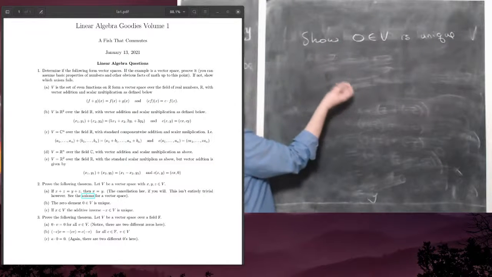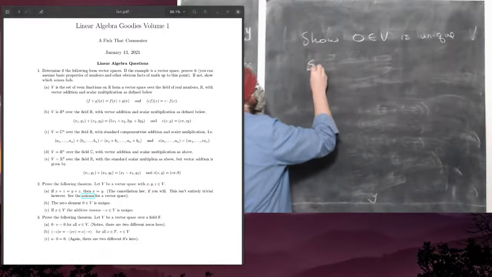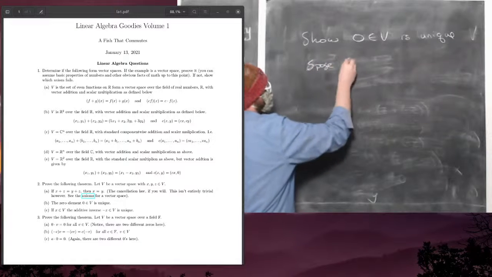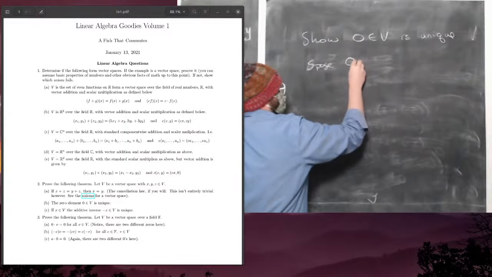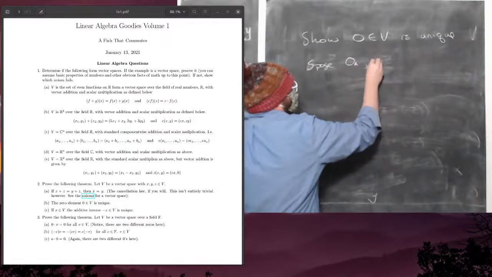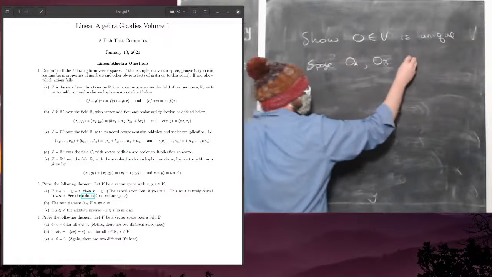Anyway, so let's show it's unique. So let's do a contradiction proof. Let's suppose not. Or no, rather, let's just suppose there are two. So let's suppose that 0, let's call it 0a, and 0b, both satisfy the identity property.